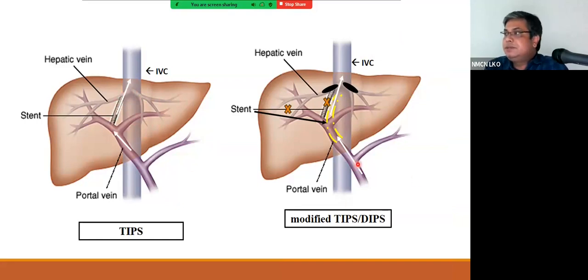But in cases of DIPS, usually hepatic veins are occluded, so we have to create this shunt pathway directly from the IVC through the liver parenchyma to the portal vein. So this is a modified TIPS, or direct intrahepatic portocaval shunt, or systemic shunt.